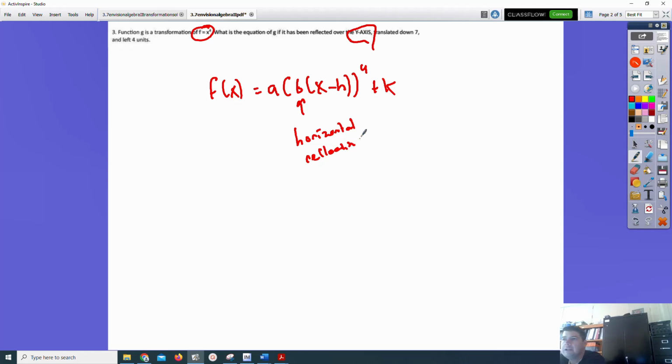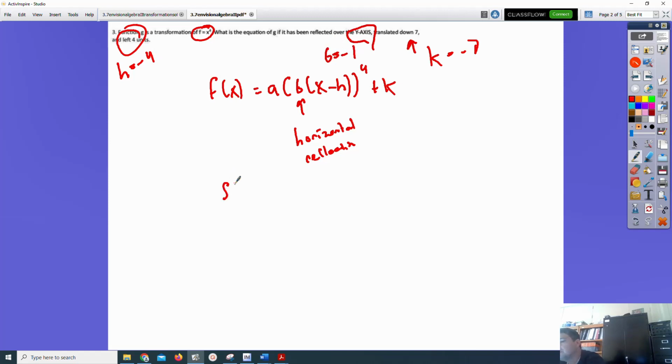It's where we put the horizontal stretches and compressions and stuff like that. But anyways, a is going to be an understood 1 because it doesn't talk about a stretch factor. Down 7, so k is -7. Left 4, h is a -4. And reflected over the y-axis, b is -1.